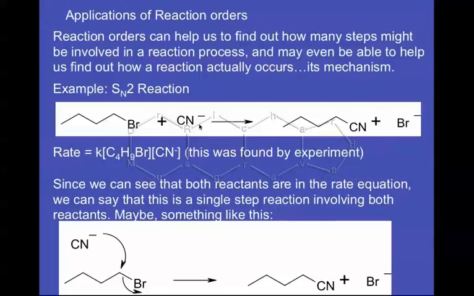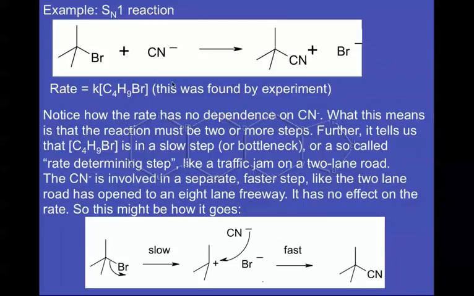But going back to the previous one, we knew that this was going to be a single step because everything that was in the reaction was also in the rate equation. Now over here, no CN-, so we know the CN- had to be involved in some kind of second step. So not only does the rate equation tell us what's going on in the slow step, it can also give us a clue as to how many steps might be involved in the actual reaction process. And that's what we're going to be analysing in a different set of problems.